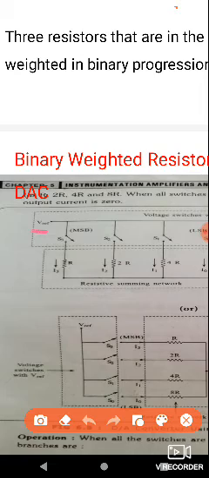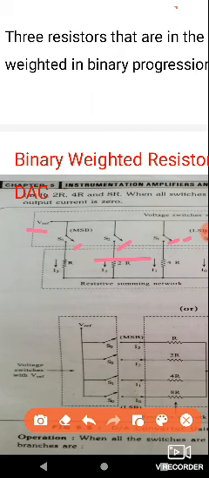This is the V reference voltage, and these are the binary switches. The 4 switches are S0 to S3. S0 is the LSB switch, LSB being the least significant bit. The next switch is S1, then S2, and the last switch is S3. S3 stands for the most significant bit.